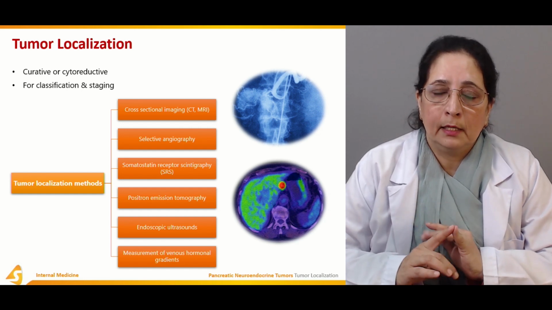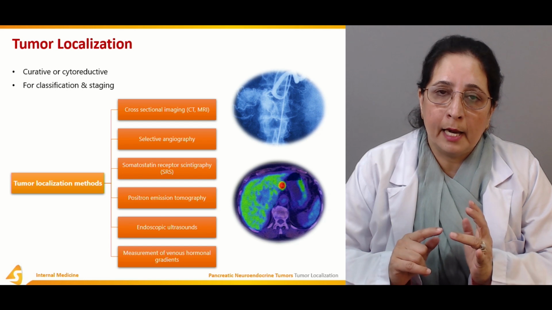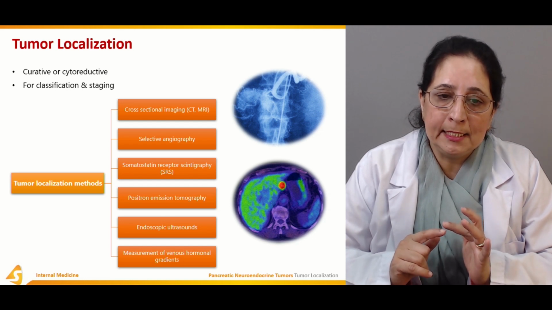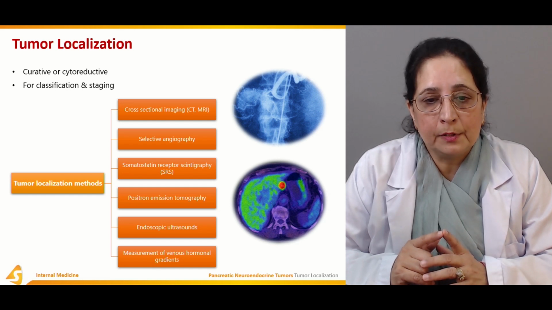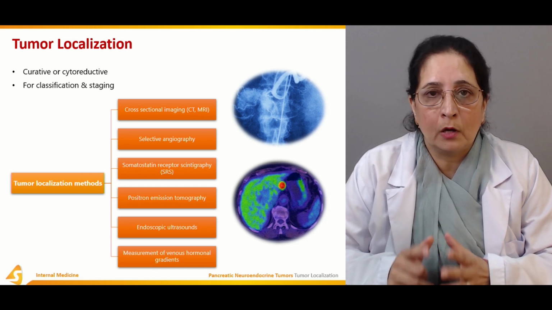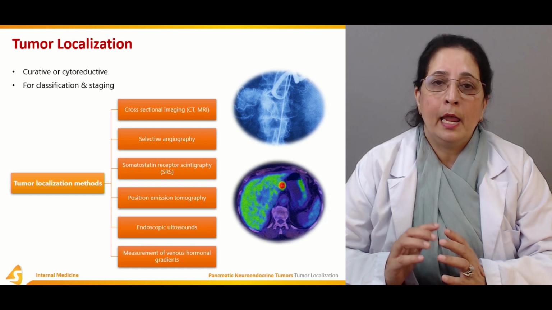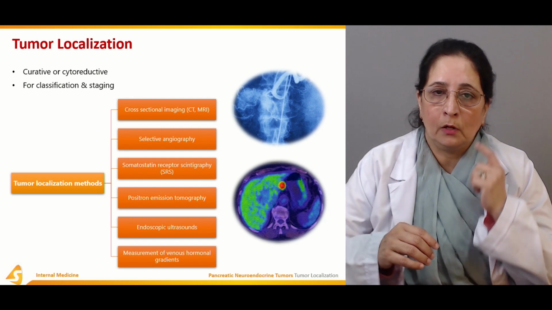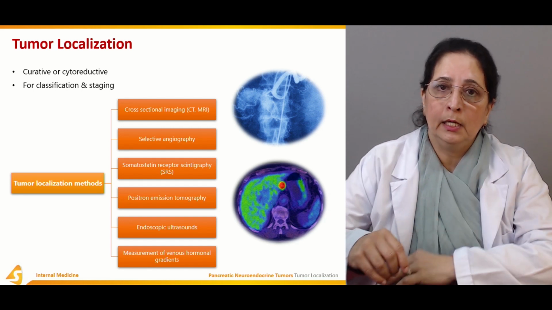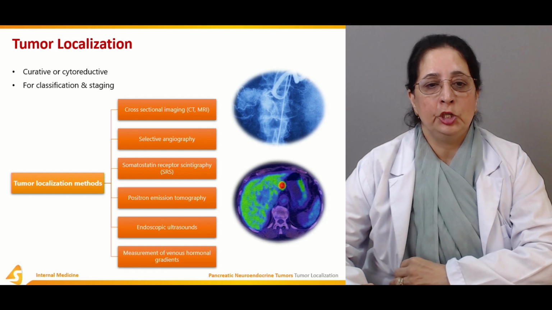We have CT, MRI, angiography, PET, SRS, which is somatostatin receptor scintigraphy, endoscopic ultrasound, and measuring the level of the hormone. So that's all the methods used for the localization of the tumor.